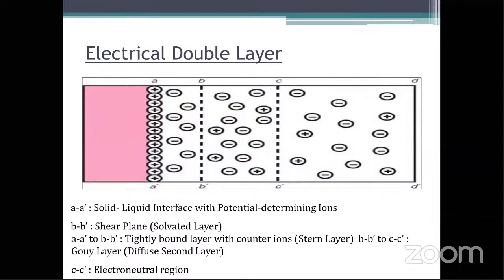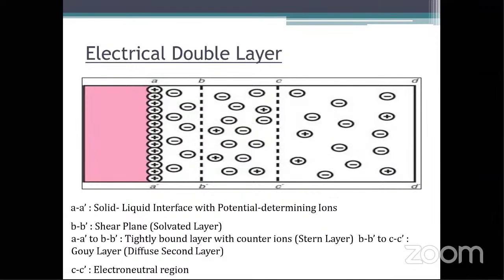Okay. Now, when the interface is adsorbed by negative ions, then A dash assumes negative charge. If A dash has negative charge, then B dash possesses positive charge, and C dash will be neutral.